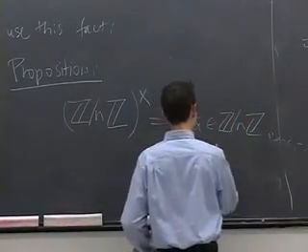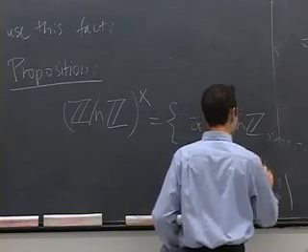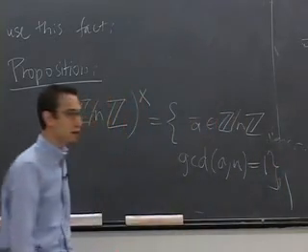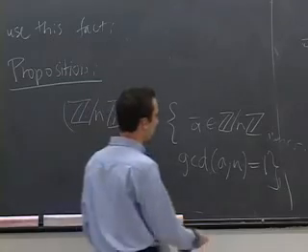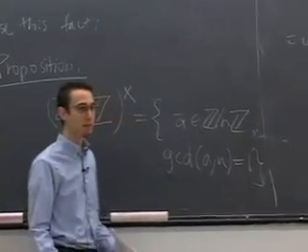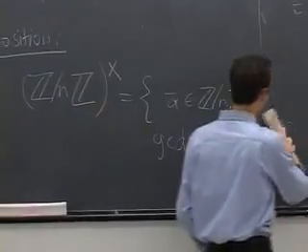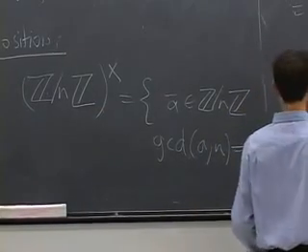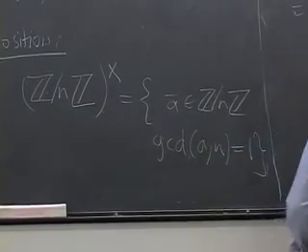Exactly. The gcd of a and n is 1. Or to use a more abbreviated terminology, a and n are relatively prime. So this is very easy to prove now that we've established these sorts of basic arithmetic facts about the subgroups of Z.